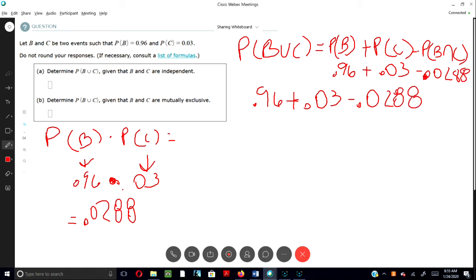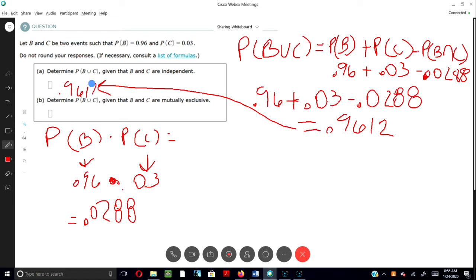Okay, and then we will come up with 0.9612. So this is the answer for A: 0.9612.